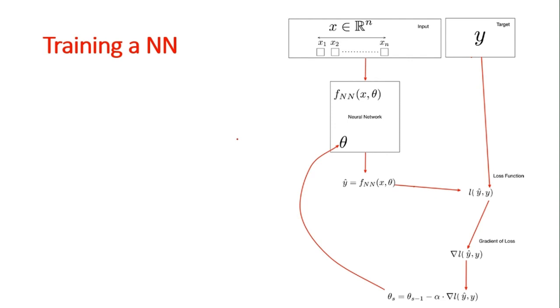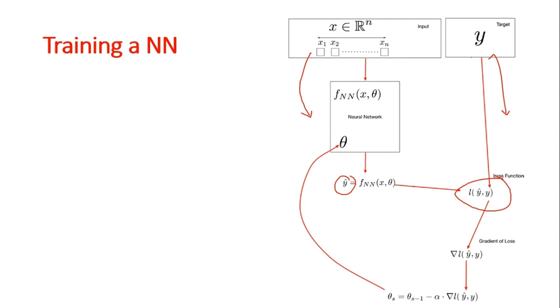We give the actual input to the neural network, and we have the actual output. The estimated output will be compared with the actual output, and then we will find the loss or error between them.